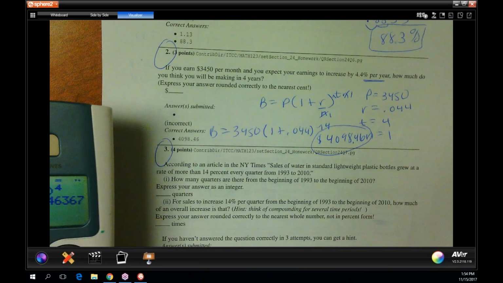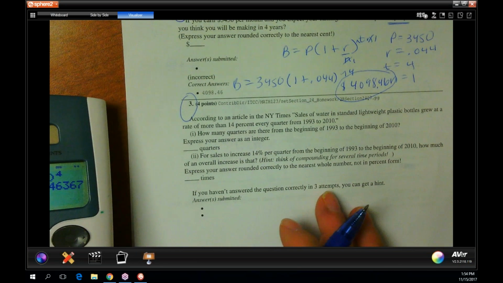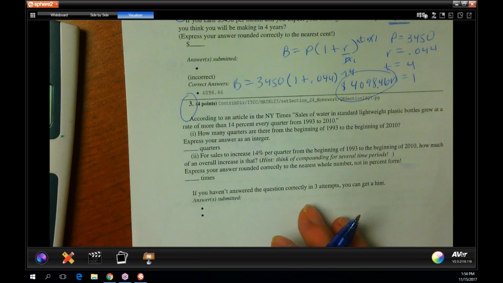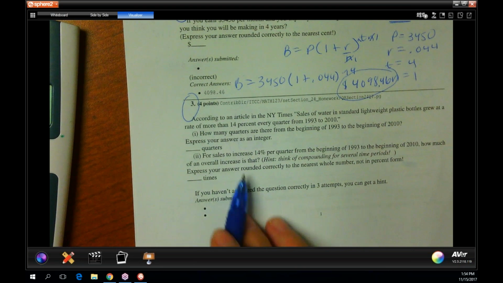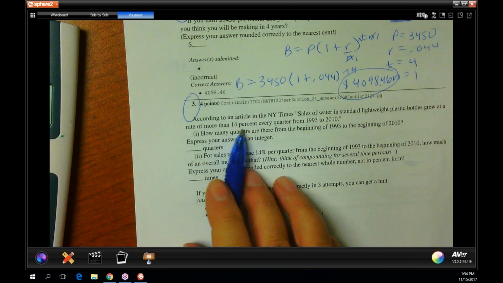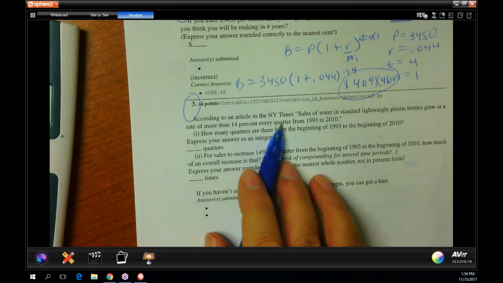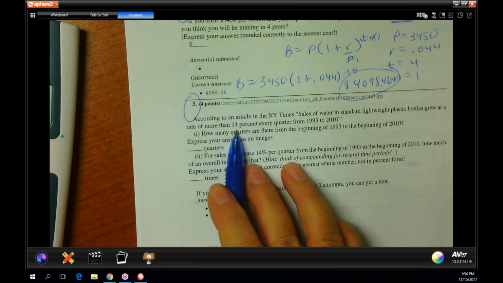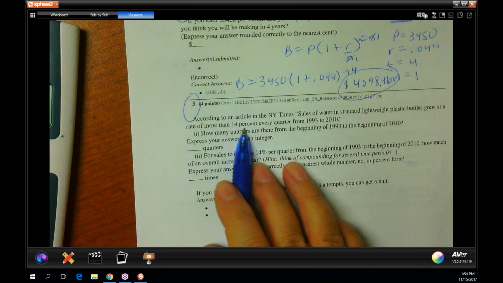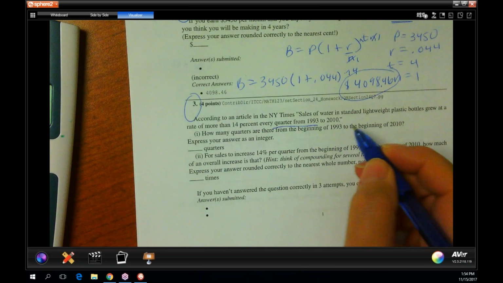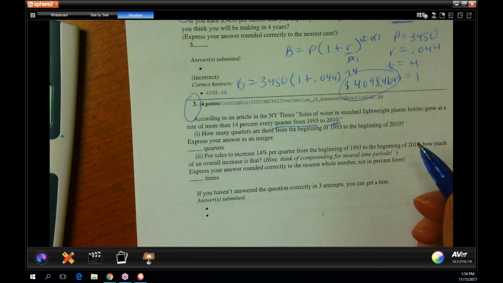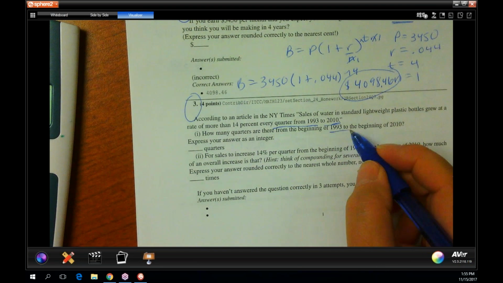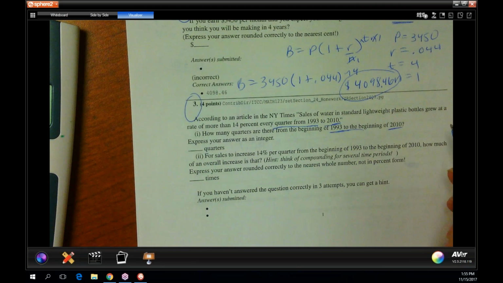Okay. According to the article in the New York Times, sales in standard plastic bottles grew at a rate of more than 14% every quarter from 93 to 2010. How many quarters are there from 93 to 2010?